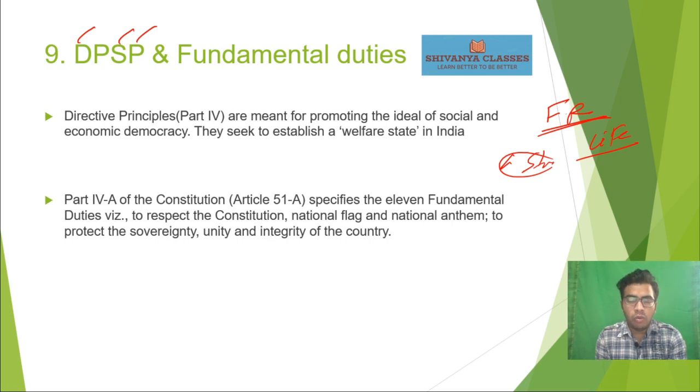Whoever comes to power, the party that comes to power has to serve the people. It has some kind of responsibility for the citizens. So what kind of responsibility? The DPSP lists out points saying, hey, you are coming to power, you are becoming the prime minister or chief minister, don't forget these lines.